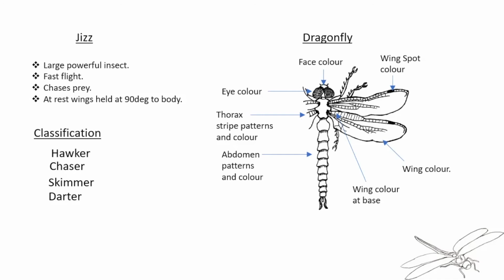Now, the hawker is the one that flies around looking for prey, the one that goes really fast. Now, if you're talking a fast, maximum speed, attack speed of one of these can be between 22 and 34 miles an hour, depending on which one you're talking about. But its average flying speed, its cruising speed, is around 10 miles per hour.